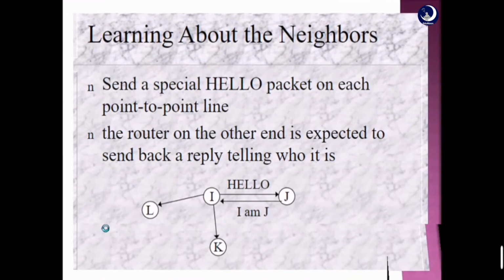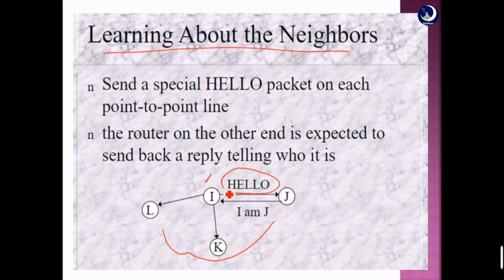First one, learning about the neighbors. Here, the first task of a router is to find who are its neighbors. So what it will do, for example, take the router I. It wants to know who are its neighboring routers. So first it will send a message known as a hello message.